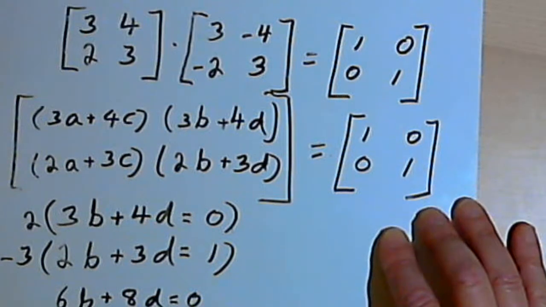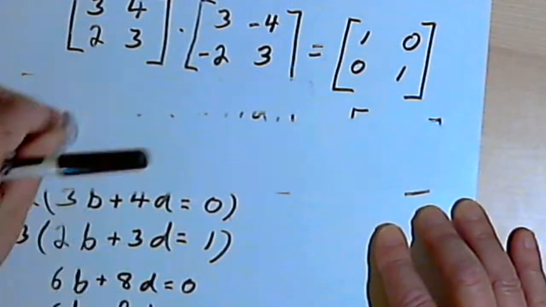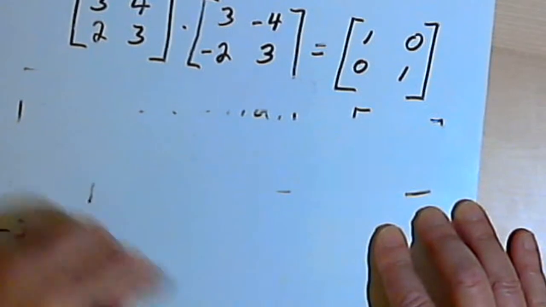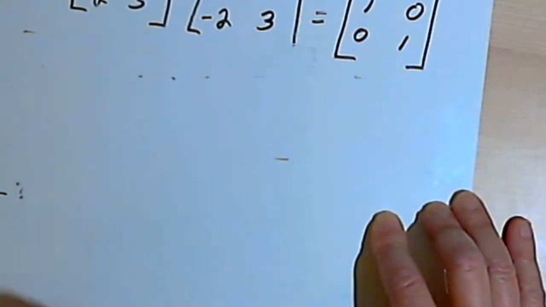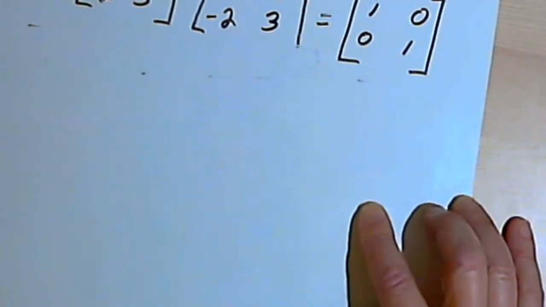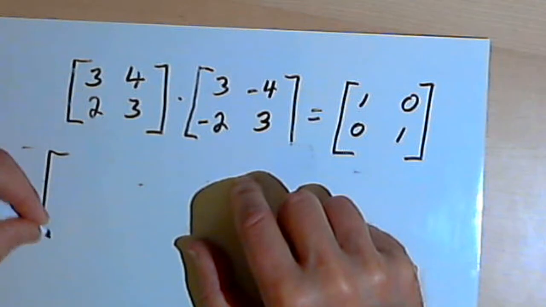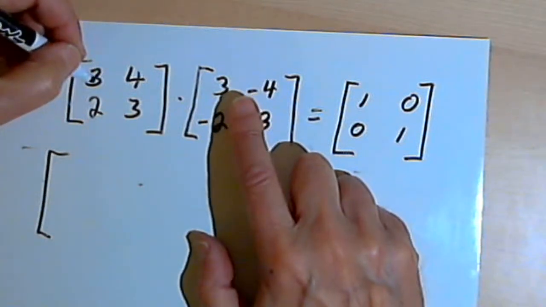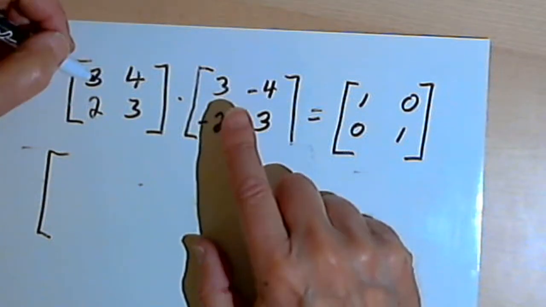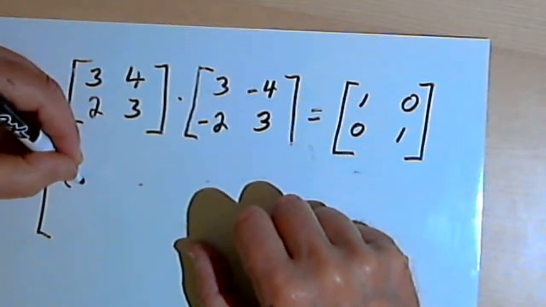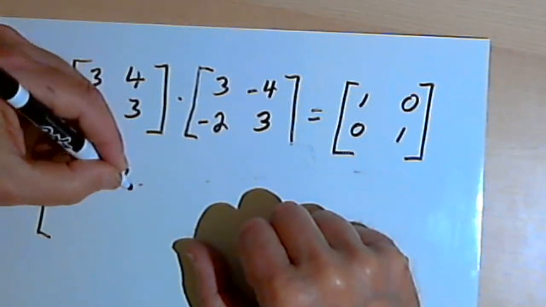Okay, so we can check this. Let me erase what I have here, and I'll just multiply these two matrices out and see if I get the identity matrix. Okay, I think that's enough room. So let's see. I'm going to have 3 times 3 plus 4 times negative 2. Well, 3 times 3 is 9. And 4 times negative 2 is minus 8.